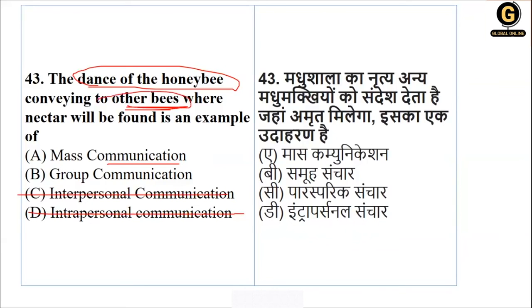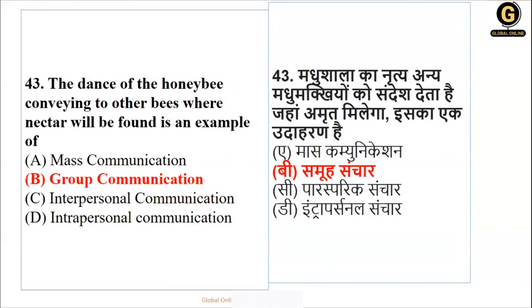So it is one honeybee telling to other bees. So it is nothing but it is called as what? It is called as group communication. So option number B is your right answer. This question is also a recent exam based question. So thoda isko note karke rakho. You can get such examples और आपको communication के types find करने बोलेंगे.